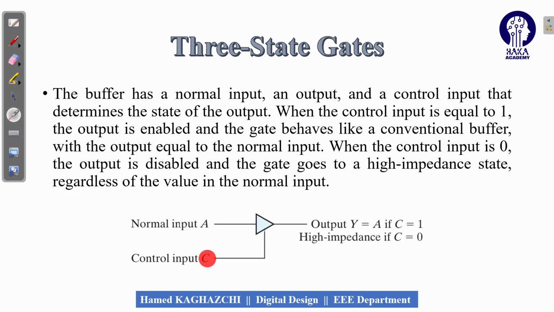And we say that when C is equal to 1, this gate acts like a buffer, transferring the input to the output directly. You can see that Y is equal to A when C is equal to 1. And when C is equal to 0, in the output we don't have 0 or 1.